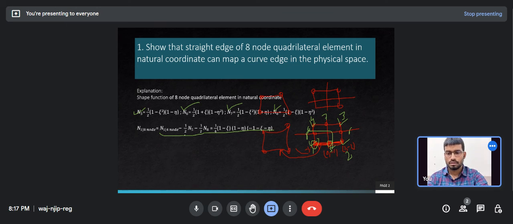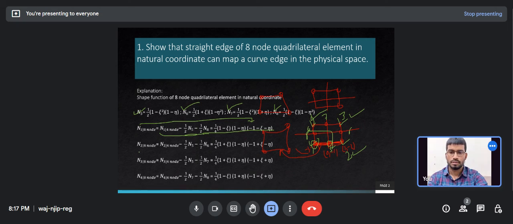So we have to subtract half of the node 5 function and node 8 function from the node 1 function of the 4-noded quadrilateral element. So this will give you the shape function of node 1 of the 8-noded quadrilateral element. In a similar fashion, we can determine the shape functions of node 2, node 3, and node 4. This we have discussed in the previous session also. I have just written node 2, node 3, and node 4.